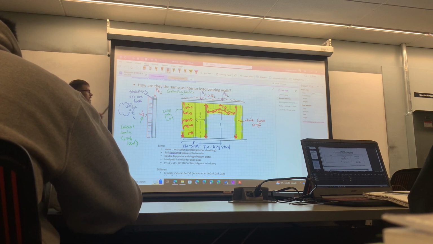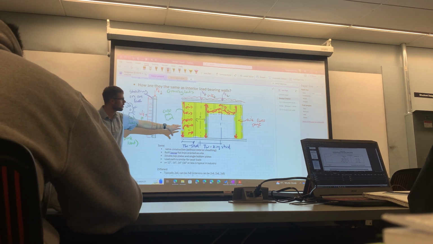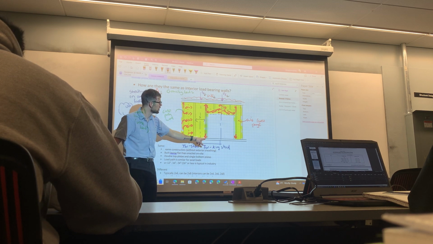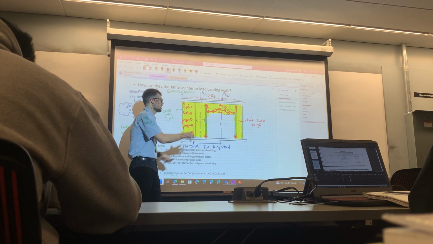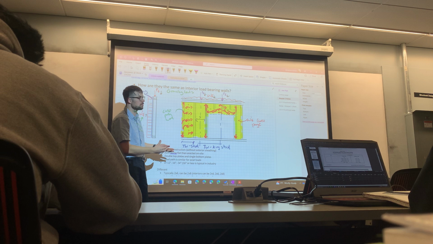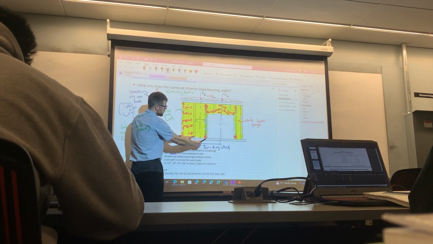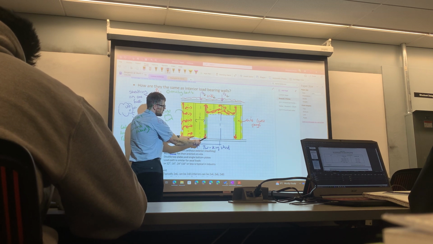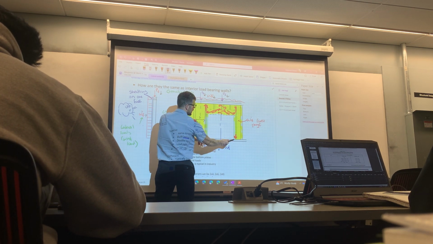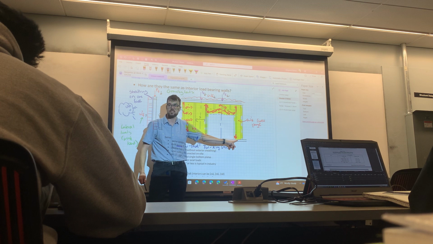Think about this as a floor where we have a beam taking gravity loads. It's very similar to the way we treat it. We treat half of the load it needs to support on the left, which is half a stud spacing, and half of the load on the right. It needs to support everything to the next king stud.